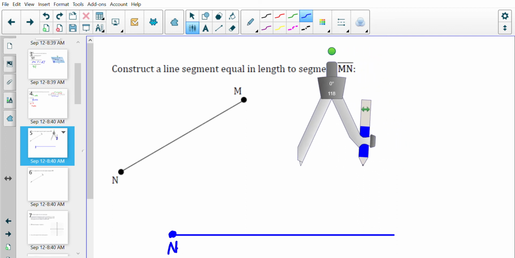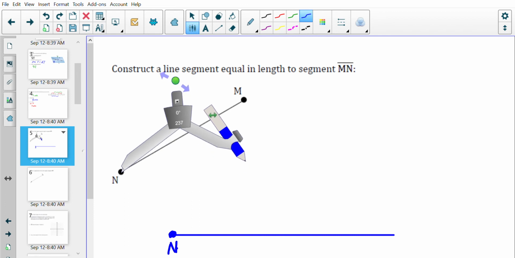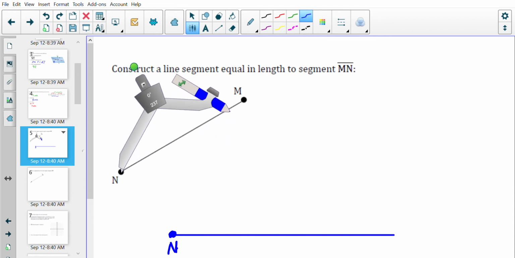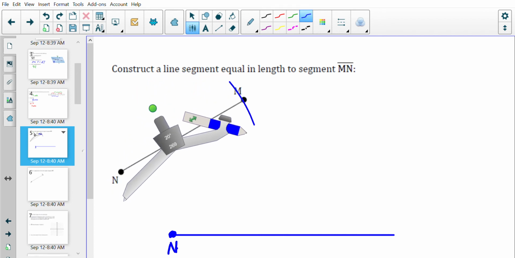With the compass part, I want to put the non-pencil side on one of our endpoints, and I want to open the compass up so that my pencil is on the other point, point M. And I'm just going to make a slight mark to make sure I'm going through the point there.